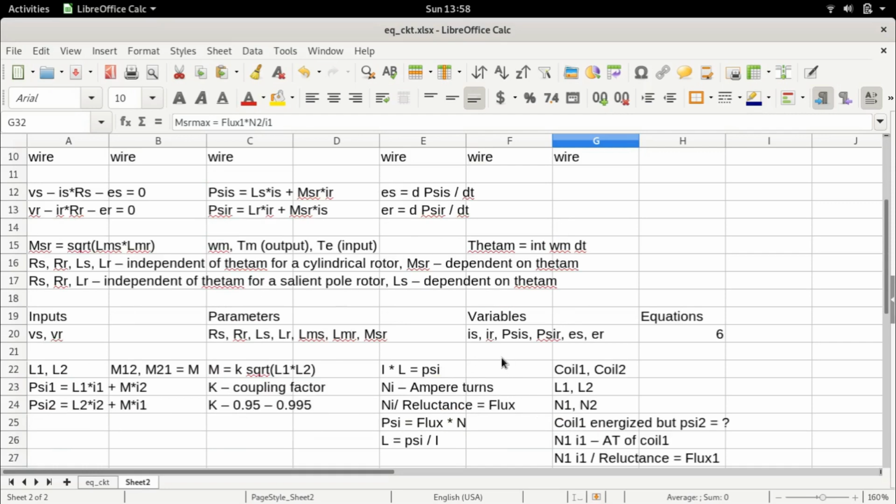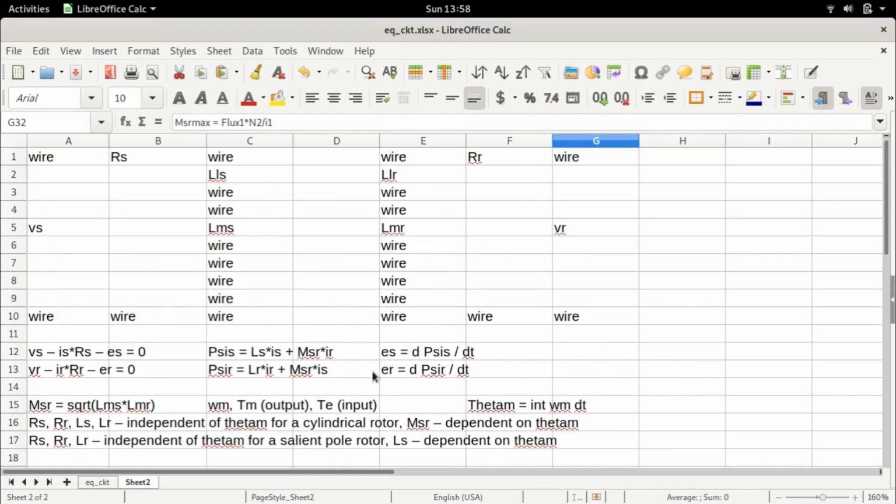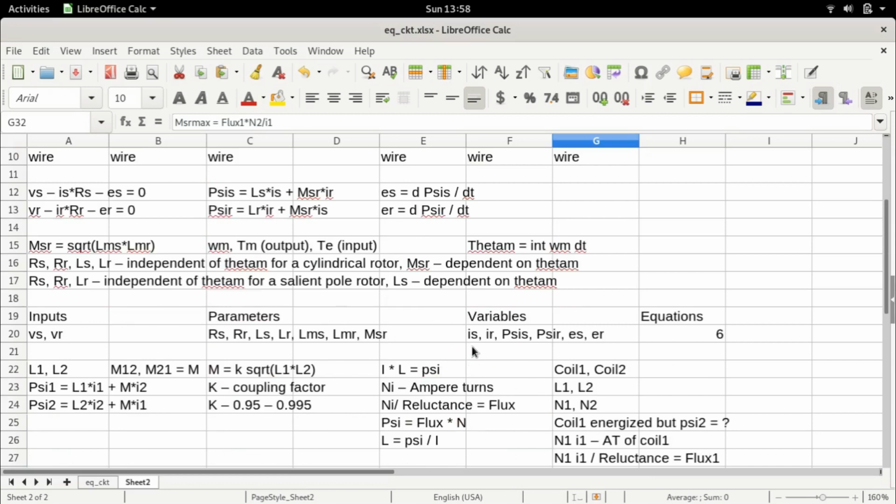This we'll talk about in the next few lectures, because we have to describe how the electrical torque is produced, what the mechanical torque is, and how the difference between these torques results in the angular acceleration. And once we have that, we have the complete mathematical model of the induction motor.